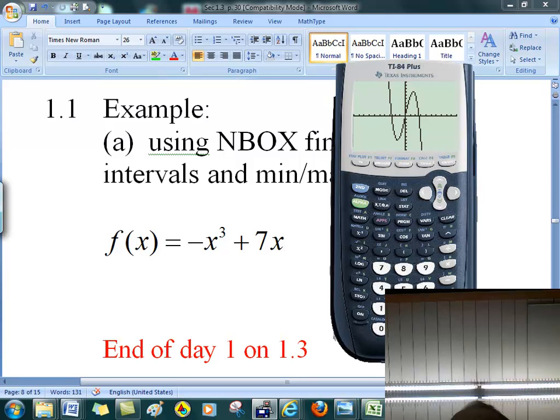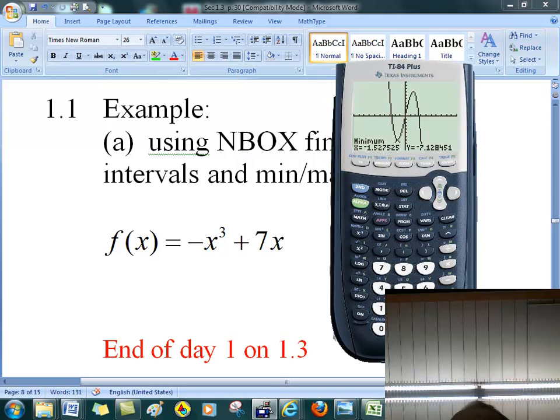Hit enter, enter. And there's your minimum. Since it's a point, it's going to have an xy pair, so this is what you want to write down: -1.5275, comma, -7.1285. Round to the 4th place.